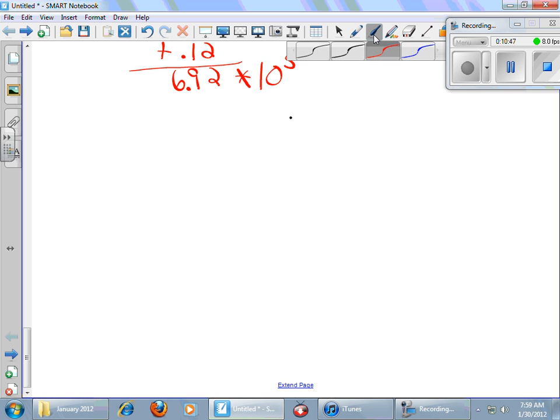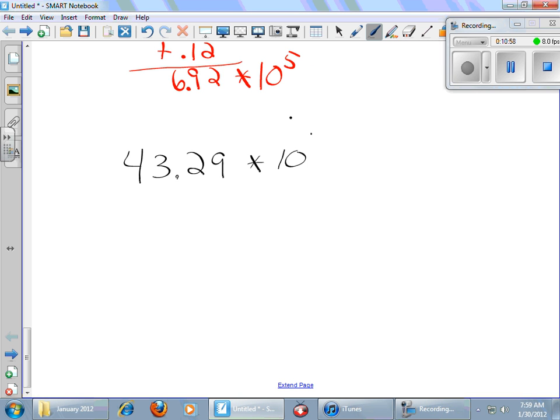Here, you try one. Subtraction works the same way, by the way. You just have to watch for carrying. How about I have 43.29 times 10 to the 11th plus 1.23 times 10 to the 12th. Well, I'm going to want this guy here to become a 12.